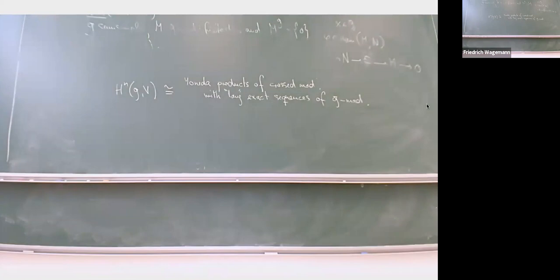I don't have the time to explain this in detail, but you can express every Hn in terms of Yoneda products of lower dimensional cohomology, which you splice together with an exact sequence of G-modules. So this gives one kind of interpretation.